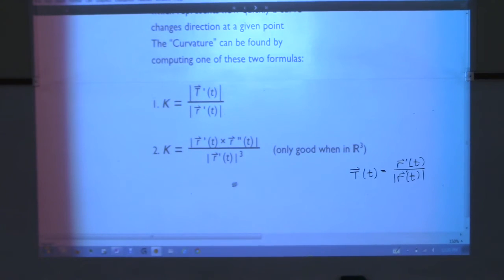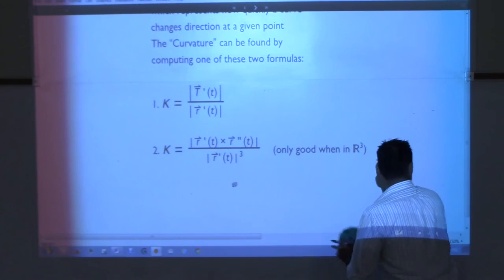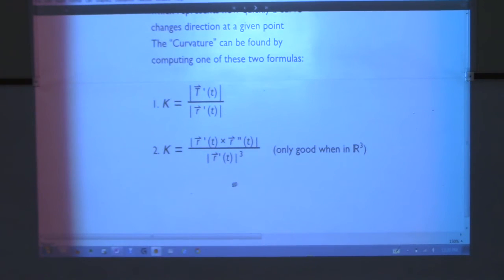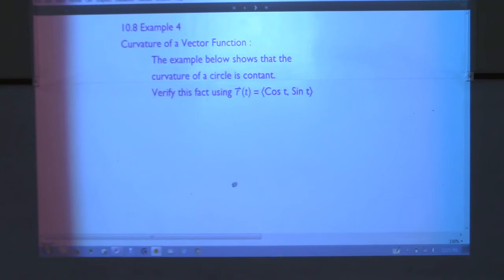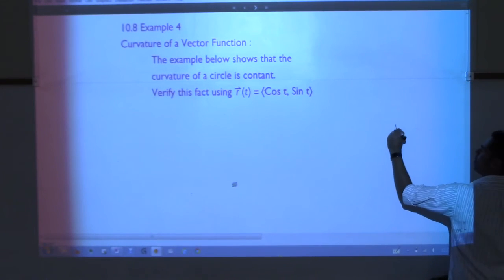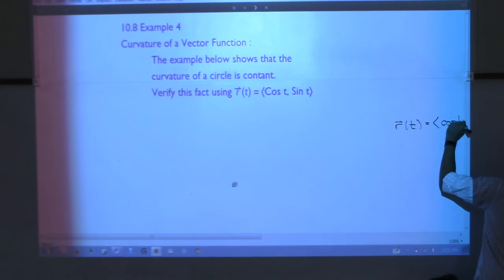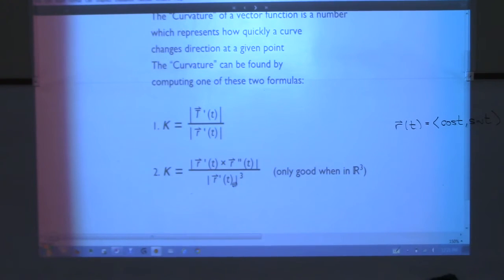I'm going to do an example now. You get to choose the formula.